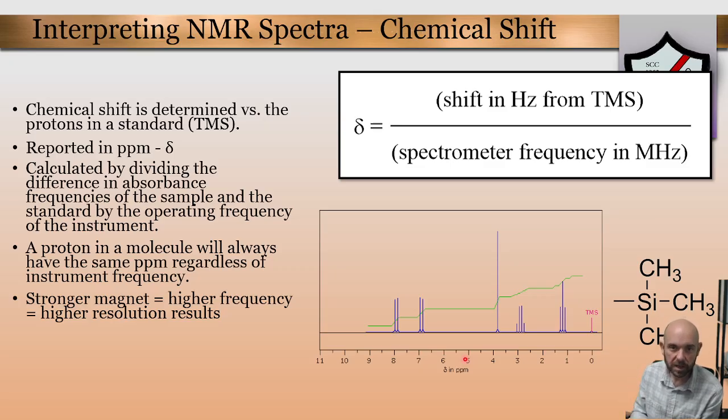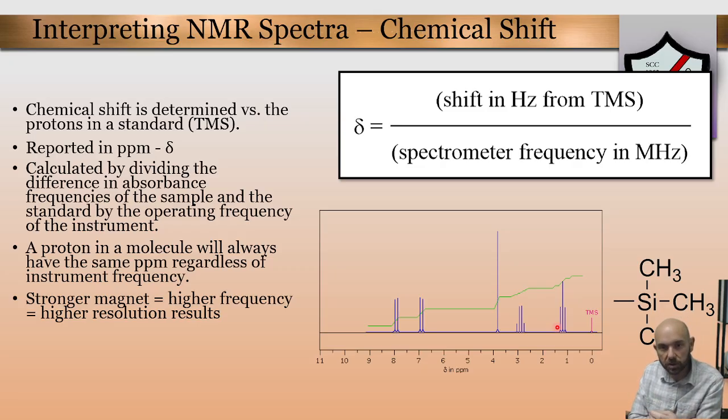So even on an 80 megahertz machine, a proton in a CH3 group on a methyl molecule might be 1.2 parts per million. It will also be 1.2 parts per million on a 1.2 gigahertz instrument as well. And that's just useful for it to carry across different instruments.